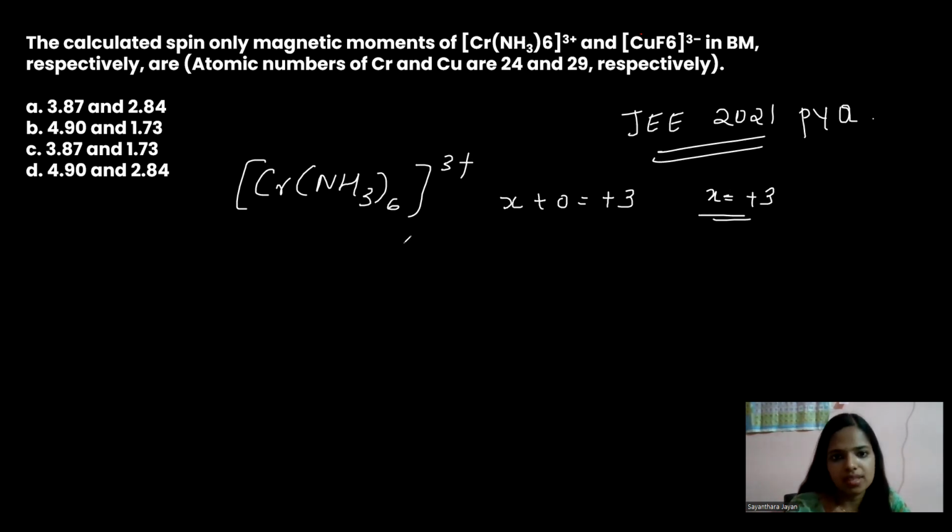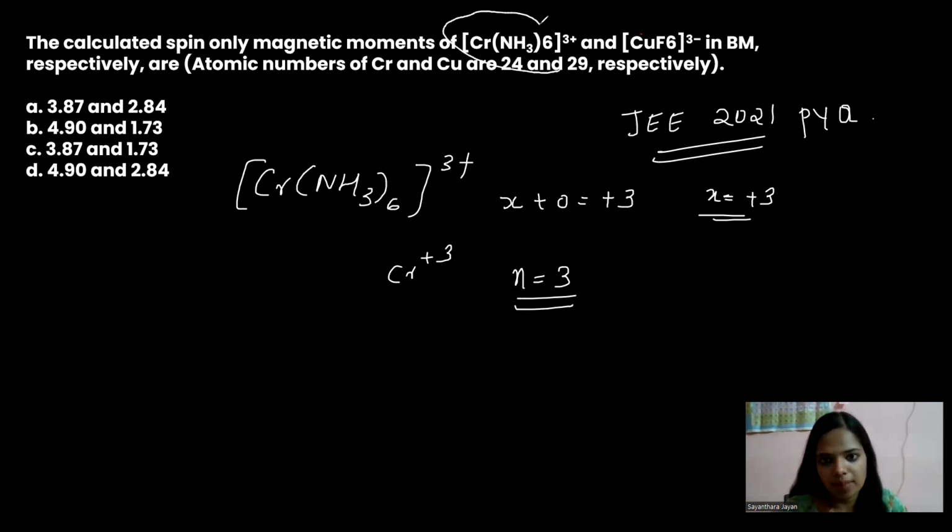So chromium is in plus 3 oxidation state. Already we saw in the previous slide that for Cr3 plus the number of unpaired electrons is 3. So it will be 3 point something, right? For this particular complex, it will be 3.87 Bohr magneton.